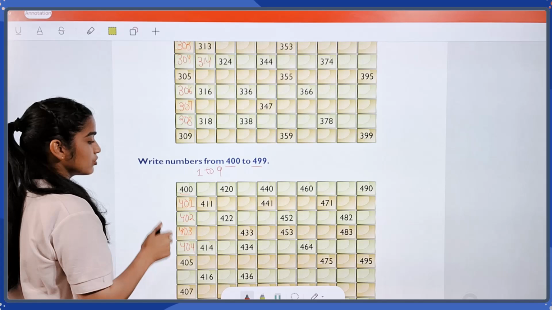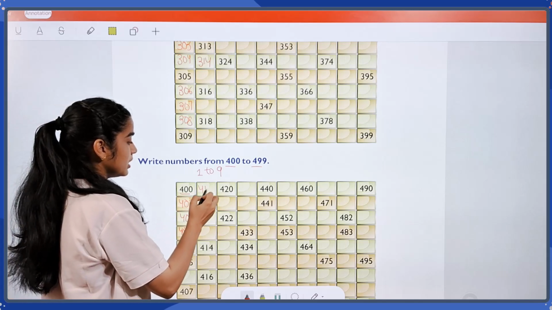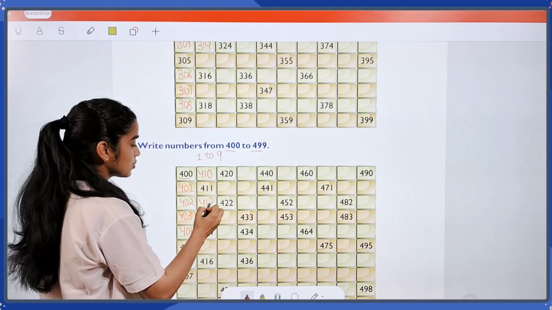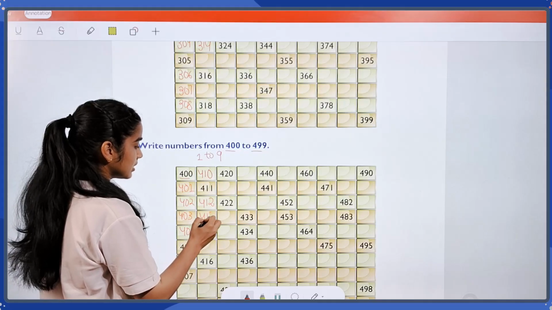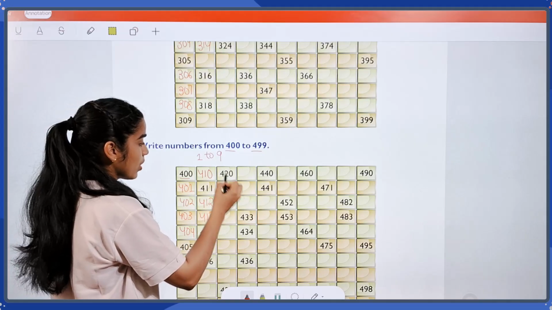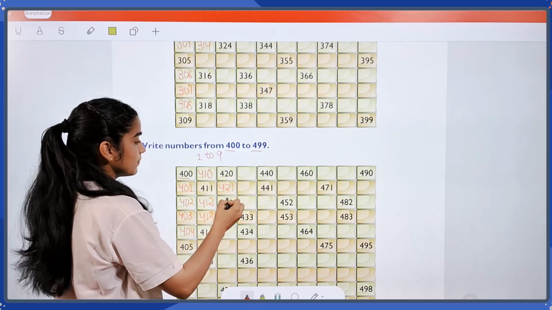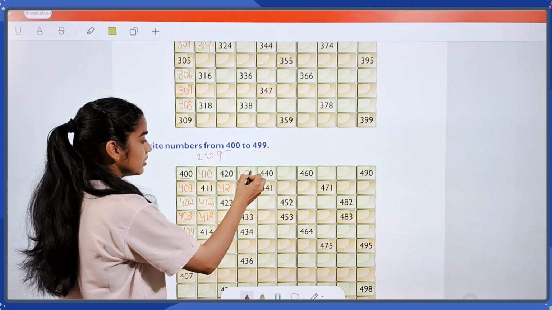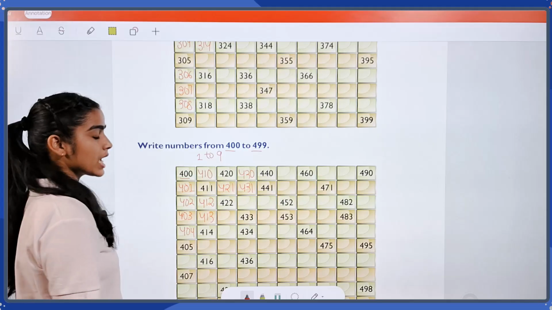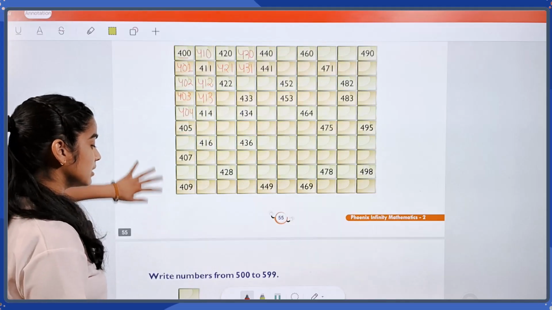Now we have 2-digit numbers. So 410, 411, 412, 413, 420, 421, 430. After 430 we have 431. In the same way as I do, you have to complete this table.